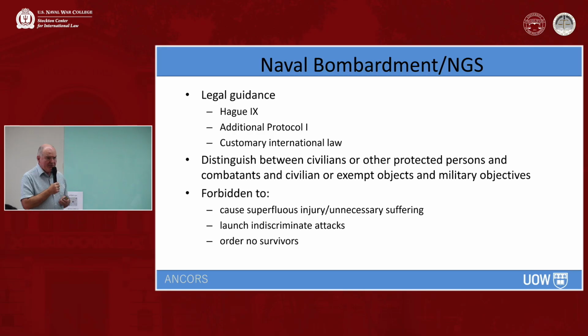Hague 1907 has a little bit of assistance for us, and Additional Protocol 1 as well. And using gunnery, certainly when you're directing the guns at targets on land, does bring into play the need to distinguish and recognise that there might be an effect on civilians and the civilian population, simply because of the way you're doing those activities.